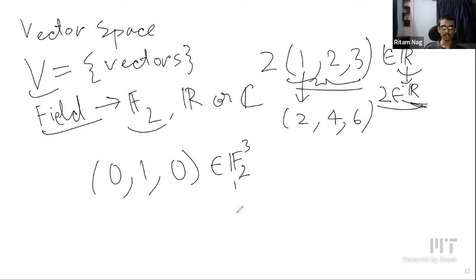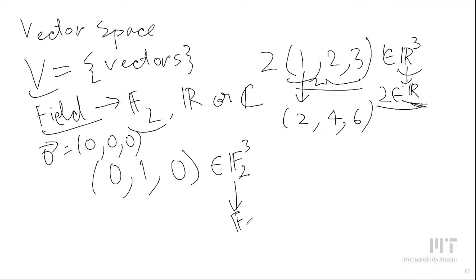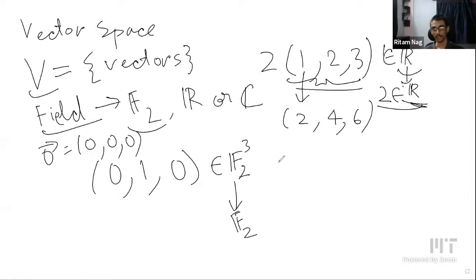The funny thing is, since F2 only has 2 elements, you can only scale by 0 or 1. Scaling by 0 just sends this to the 0 vector, which is basically the 0, as you might or might not have expected. And you can also multiply by 1, which basically does nothing.